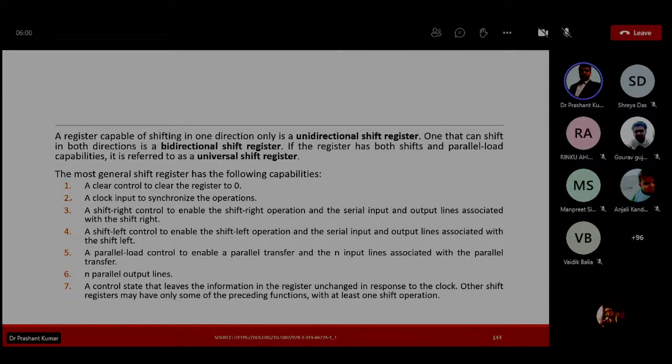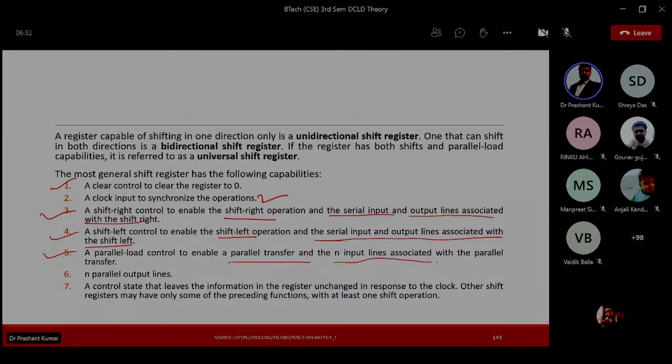A clear control to clear the register to 0, which means you can set reset kind of things, and a clock input to synchronize the operation, a shift right control to enable the shift right operation, and serial input and output lines associated with that shift right, and a shift left control to enable the shift left operation and the serial input lines associated with this shift left, and a parallel load control to enable parallel transfer, and input lines associated with this parallel transfer.